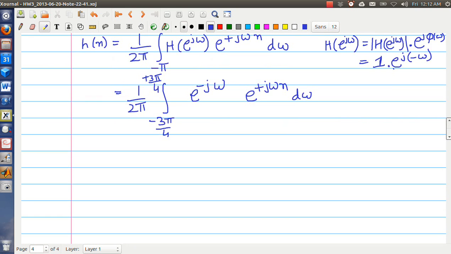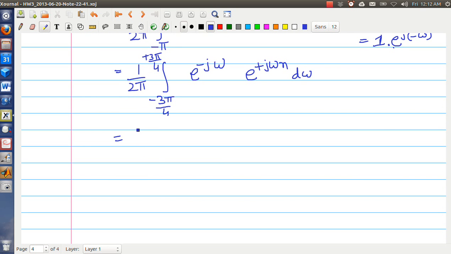Now solving this integral, first we simplify it a bit. We get e^{jω(n−1)} dω.